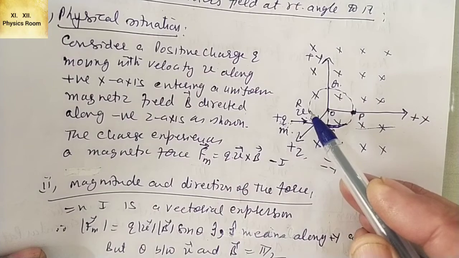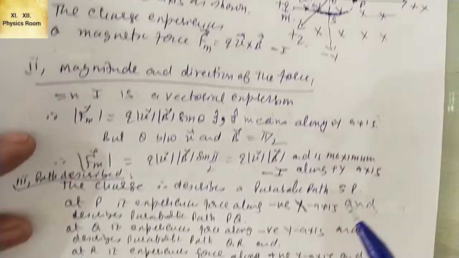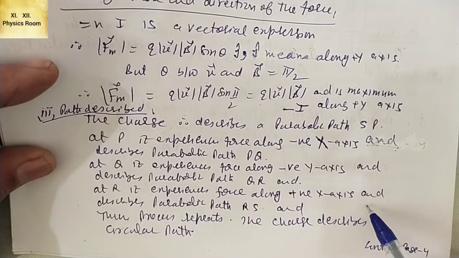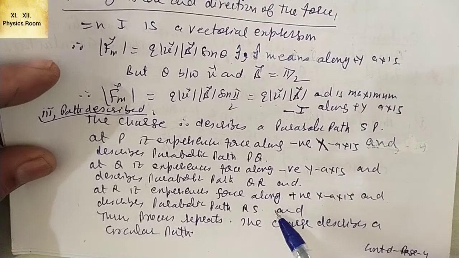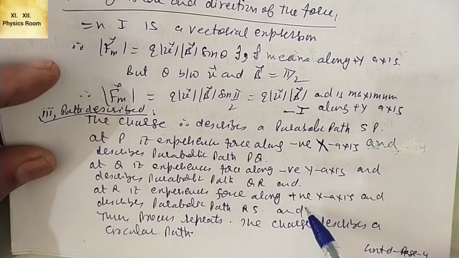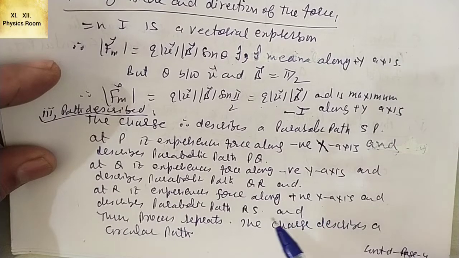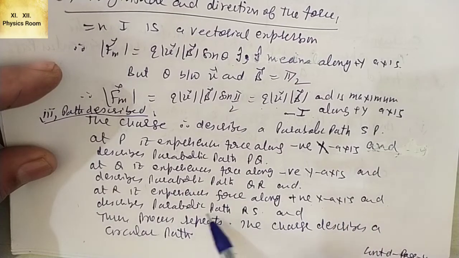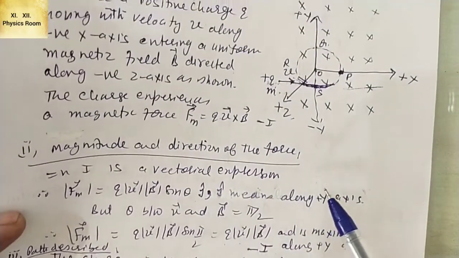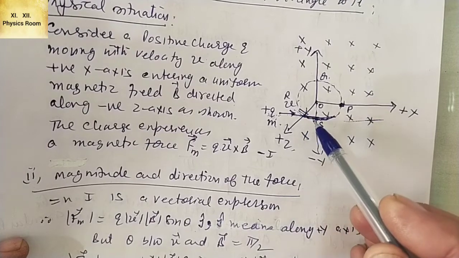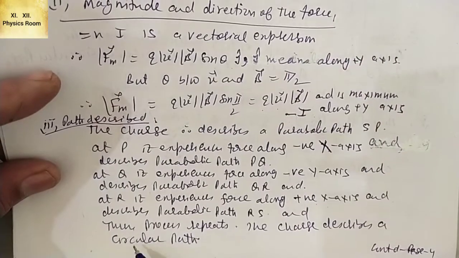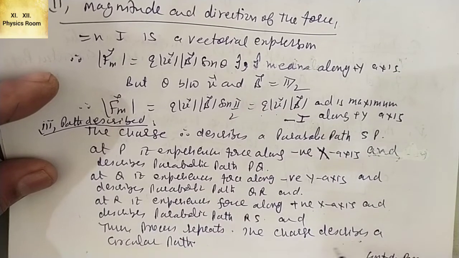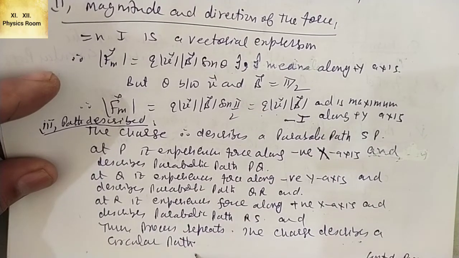And at R, it experiences a force along positive x-axis and describes the parabolic path RS. And thus the process repeats itself. The charge describes a circular path.